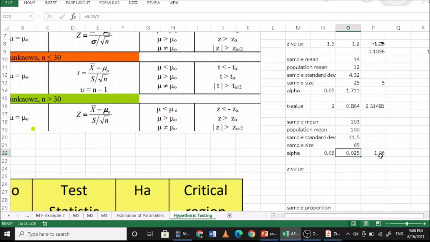Since this is z alpha over 2, we reject the null hypothesis if the absolute value of the computed z is greater than 1.96. So let's have the square root of 65.